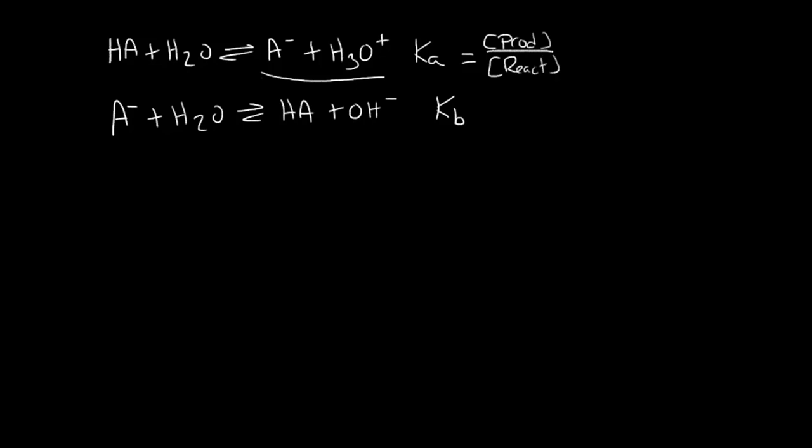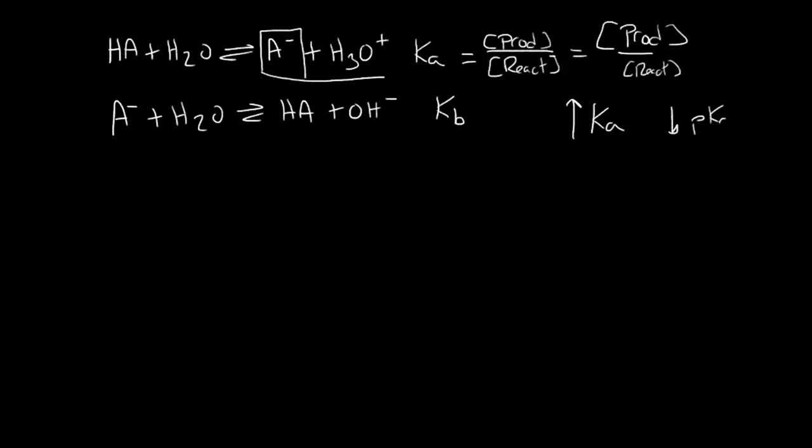So if we can come up with a chemical system or an acid that has a really strong conjugate base, that means that base is stable, meaning we're going to have a high concentration of the base, therefore a large concentration of products. So we have a big product concentration and a small concentration of reactants. In the situation where we have a stable base, we have a high concentration of products, meaning we have a large Ka, which corresponds to a small pKa. This is a molecule that's a good acid.